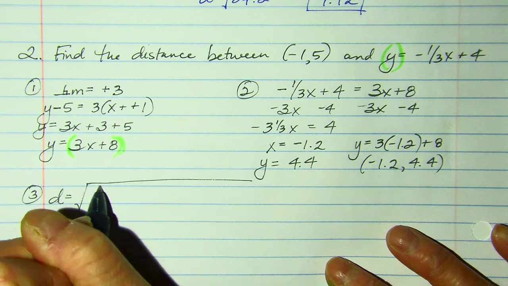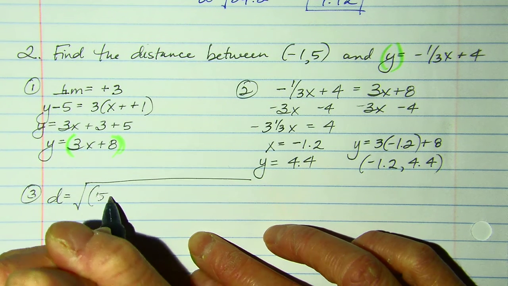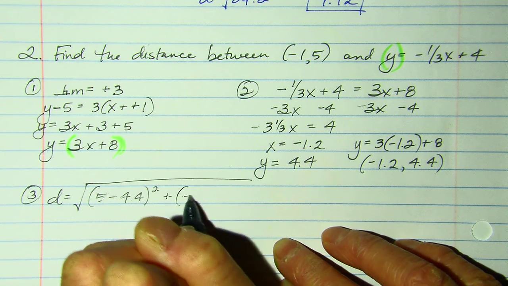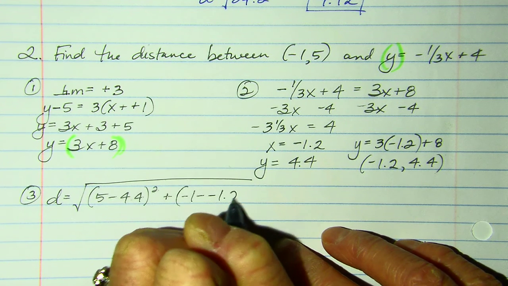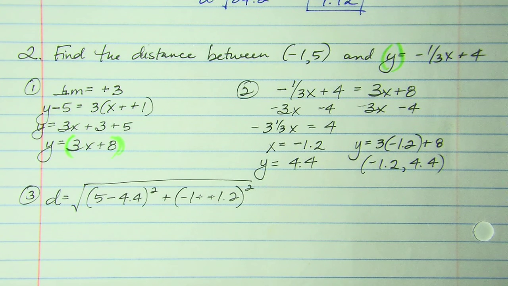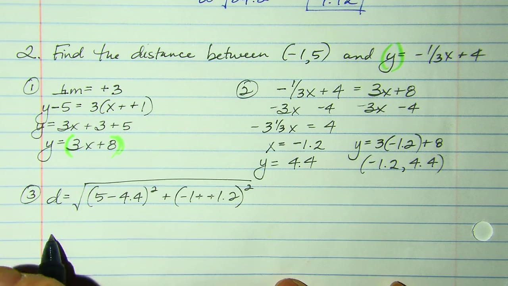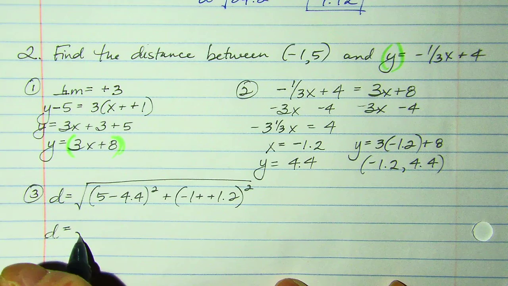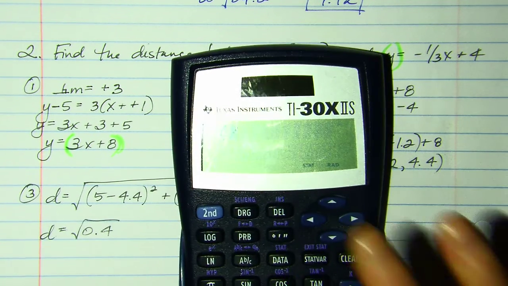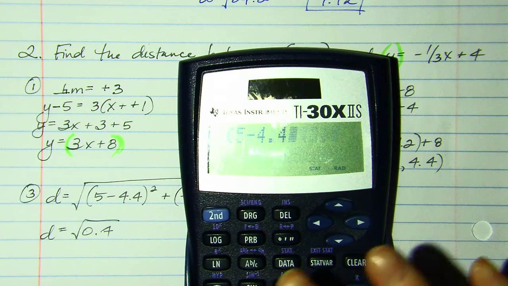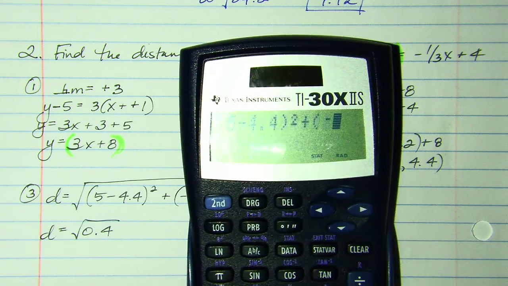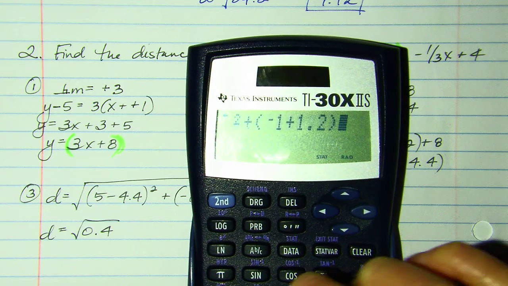So the difference in my y values squared plus the difference in my x values squared. That becomes positive because it's a positive subtracting a negative. I got the distance of the square root of 0.4 when I simplified that. 5 minus 4.4 squared plus negative 1 plus 1.2 squared.